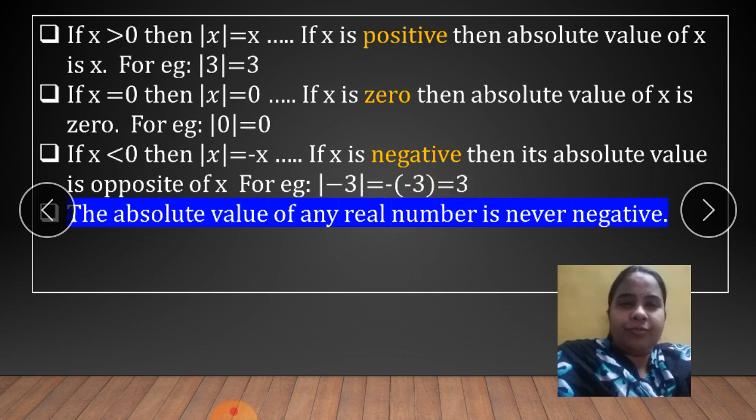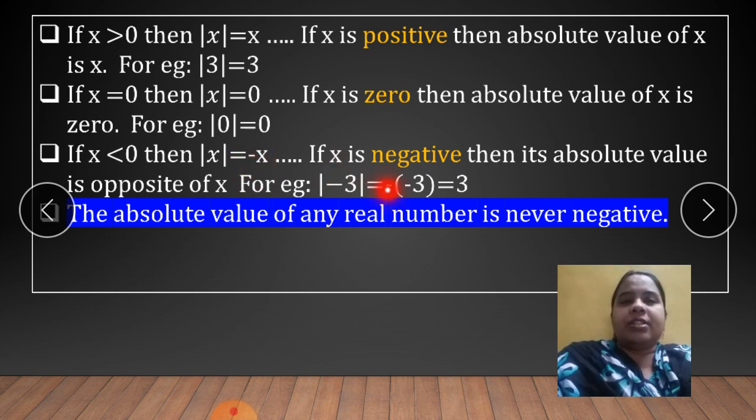Do not get confused. Again I am repeating it. Try to understand. First thing is, when x is negative, what will happen? Mod of x is -x. See this, -3. This minus is from the property, the definition. And x itself is negative. So it will be minus of -3, which becomes +3.